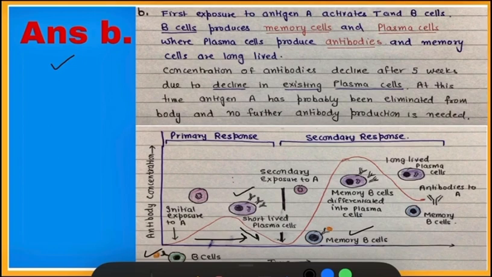These plasma cells produce antibodies while memory cells are long-lived. Here, concentration of antibodies declines after 5 weeks due to decline of plasma cells, because at this time antigen A has been eliminated and no antibody is needed.